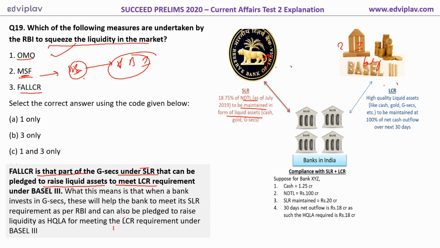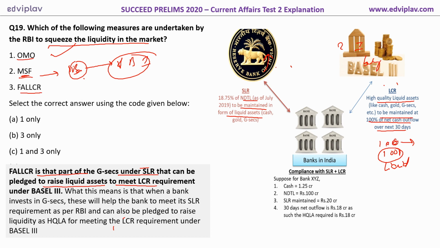LCR is actually liquidity coverage ratio. It is about liquidity. High quality liquid assets to be maintained at 100% of the net cash outflow over the next 30 days. Suppose a bank wants to give 100 rupees out, the same amount should be kept in liquid form in order to counter this.